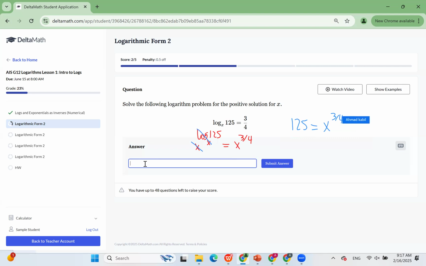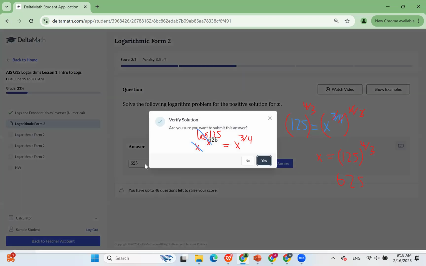We're going to raise both sides to the power of 4 over 3. And then these cancel out and these cancel out. So we have x equals 125 to the power of 4 over 3. You can use your calculator to figure this out. This will be 625. So 625 would be the correct answer.